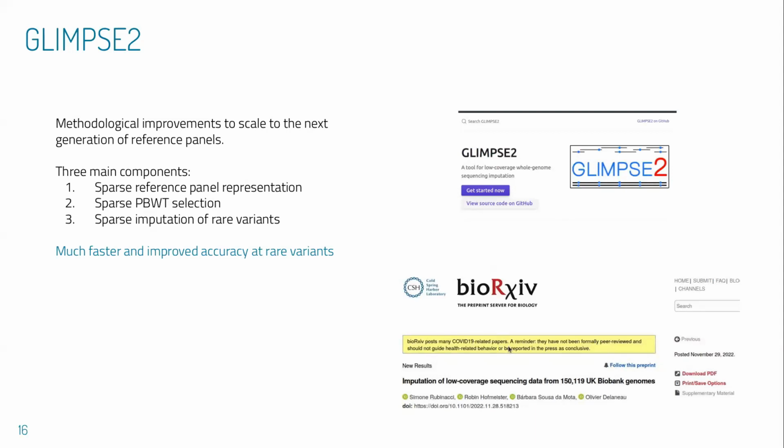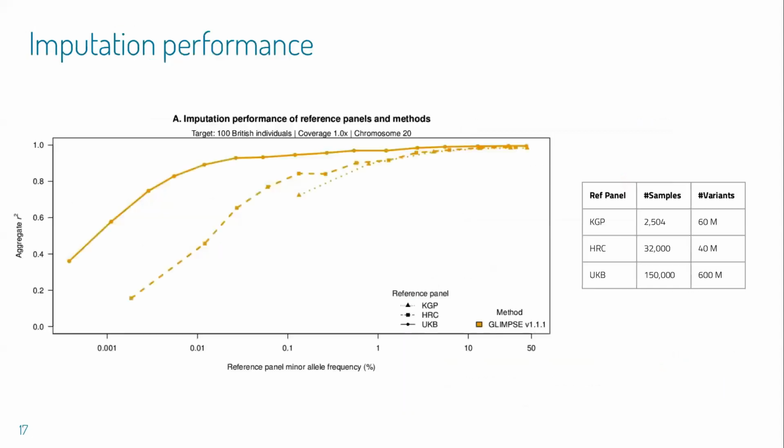So how does the UK Biobank reference panel perform on low coverage whole genome sequencing data? What I'm showing here is actually 3 different reference panels. So we took 100 samples at 1x coverage, and we imputed them using the 1000 Genomes reference panel, the HRC reference panel, and the UK Biobank reference panel.